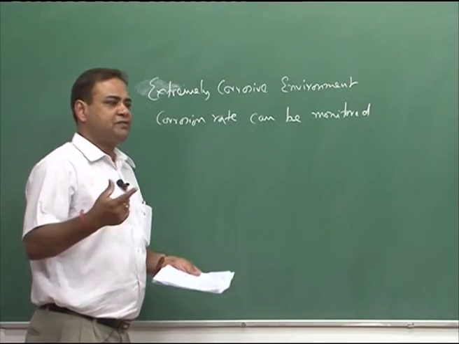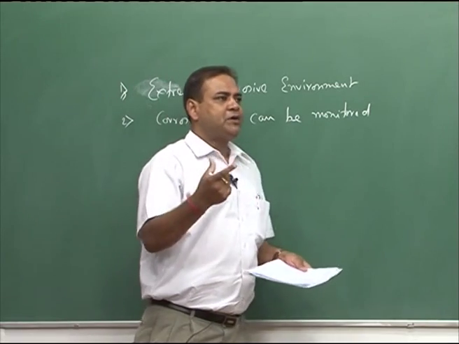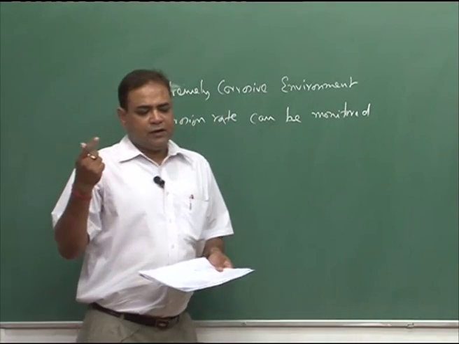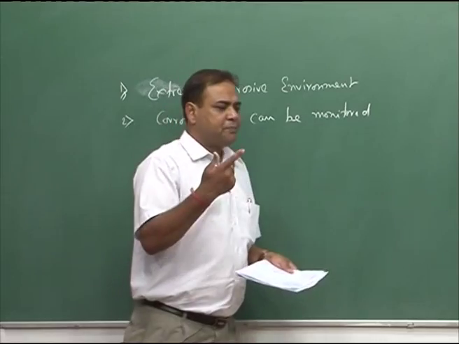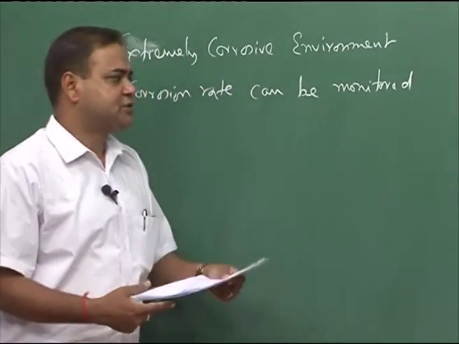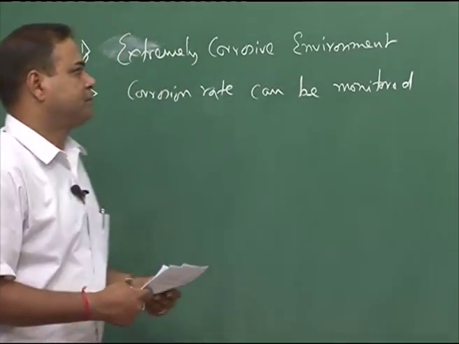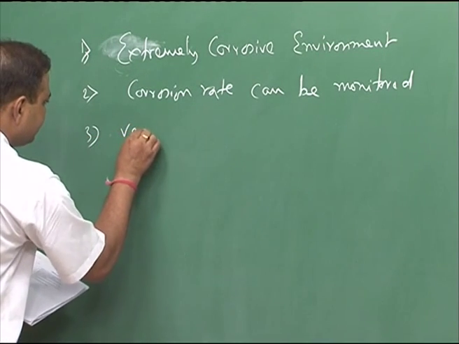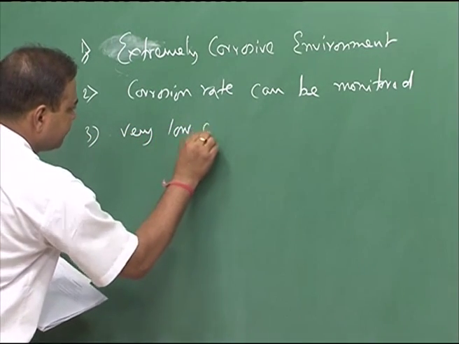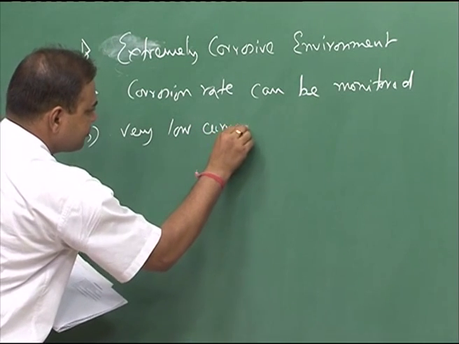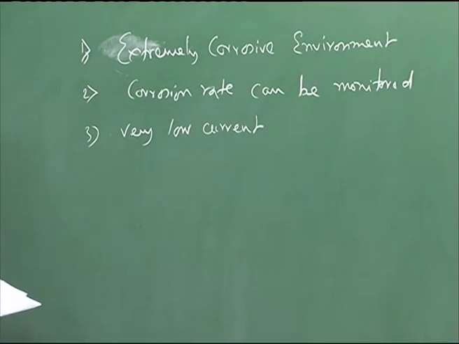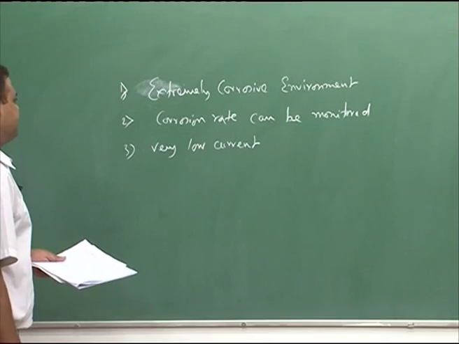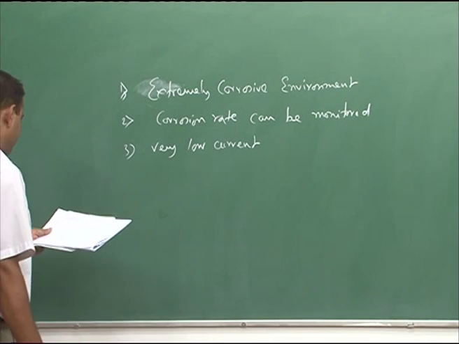Why? Because here we see that the corrosion rate is proportional to the I applied. That is what we have seen numerically. Now, third is very low current is required to maintain a very low corrosion rate.